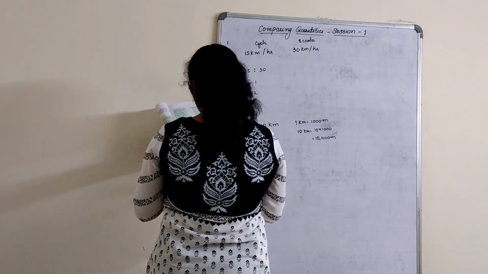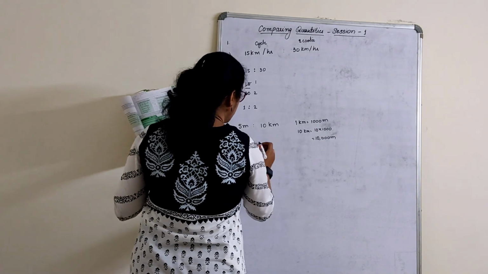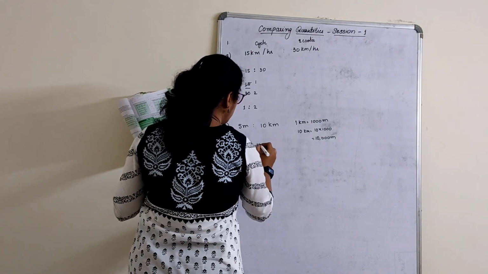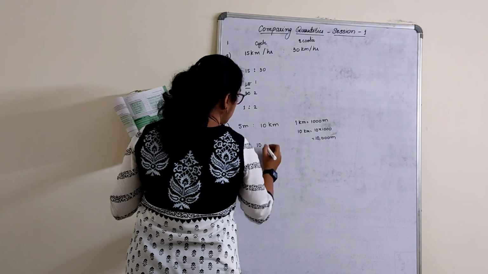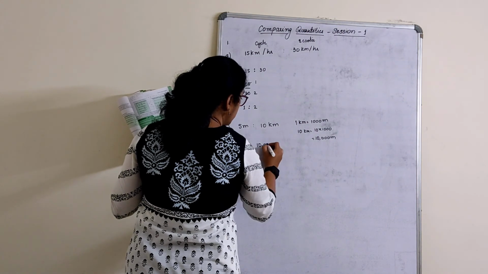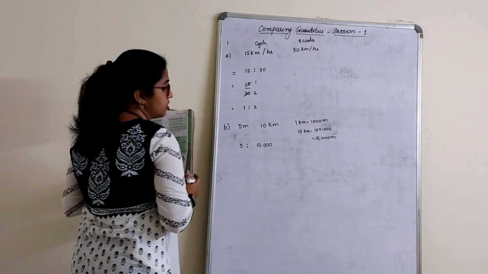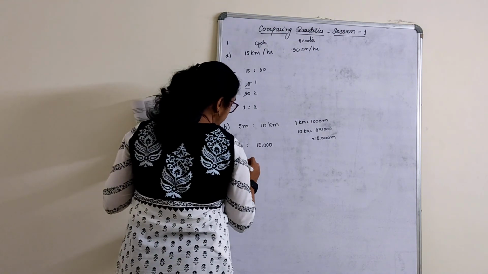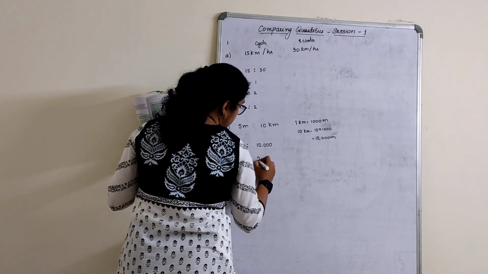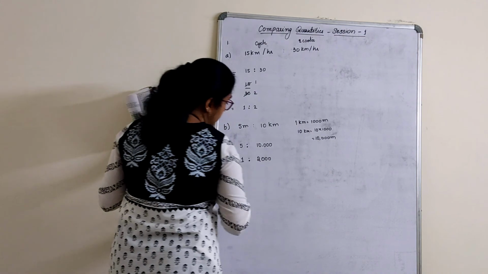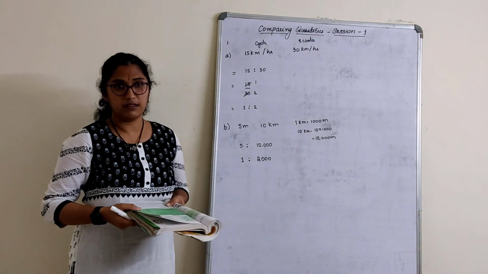That is what I have to write here. 5 is to 10,000, that is 5 meter is to 10,000 meter. So 5 ones are 5, 5 twos are 10, and 3 zeros. Directly we can write the answer like this.